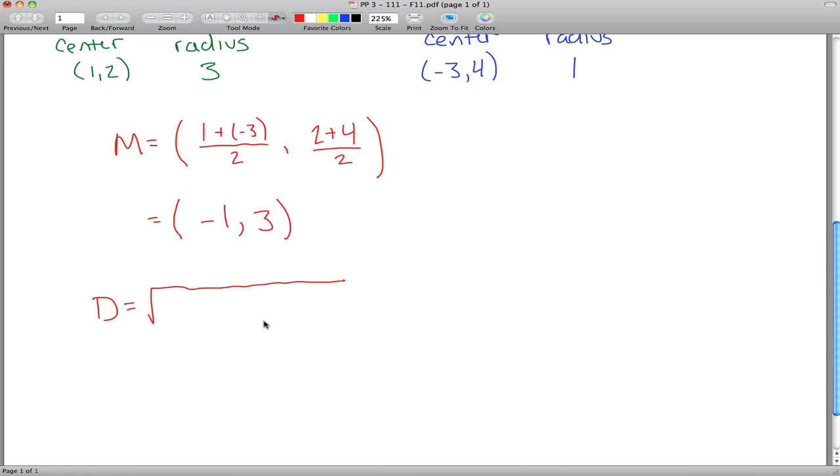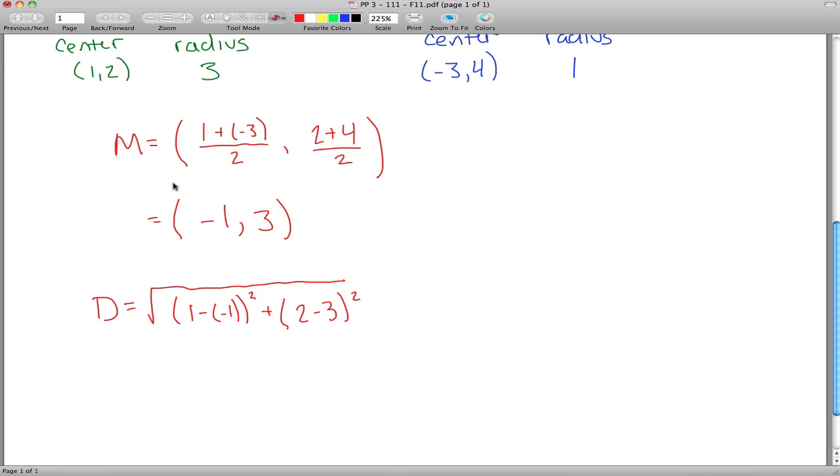So I'll figure out the distance from this point to this point. Remembering our distance formula, it's the square root of the sum of the squares of the difference in the x-coordinates and the difference in the y-coordinates. So we could do 1 minus -1 squared plus 2 minus 3 squared.